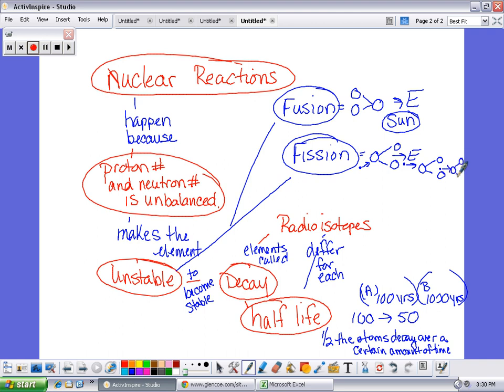And this is a chain reaction, and you will end up with tons and tons of atoms splitting all at one time, giving off energy each time, giving off a lot. And this is used in nuclear power plants to provide our power. And we used uranium typically in your power plants. So this entails the nuclear reactions portion that we covered.